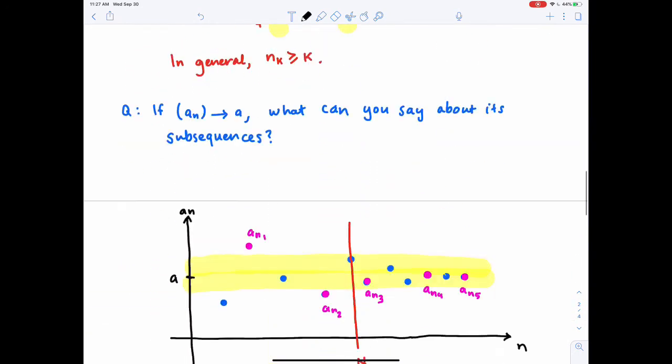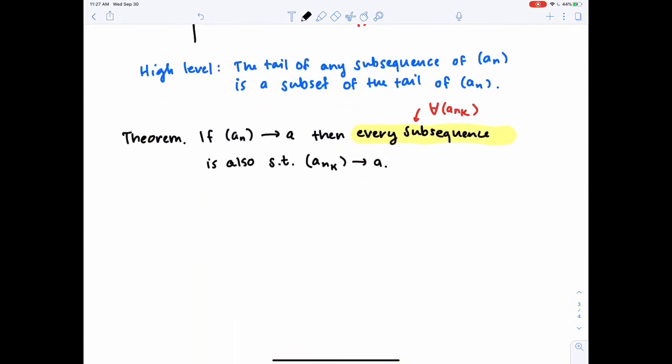So let's go ahead and write our proof. I get to assume AN converges to A. And now what I say next, everything that I'm introducing is for the sake of proving the logical structure of the definition of the subsequence ANK converging to A. So the first part of that definition is for all epsilon, which means I need to introduce an arbitrary epsilon value.